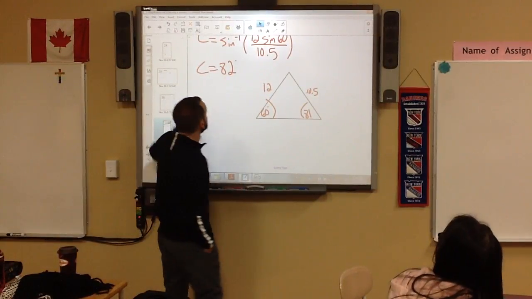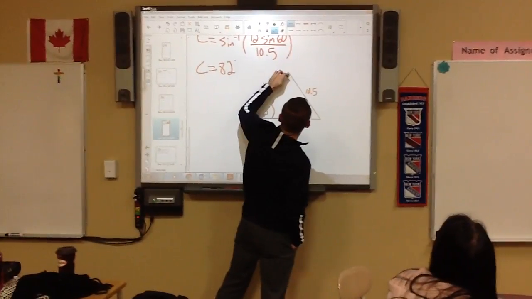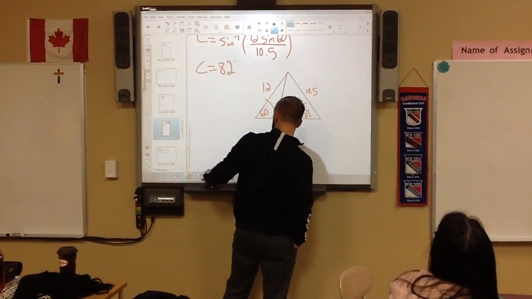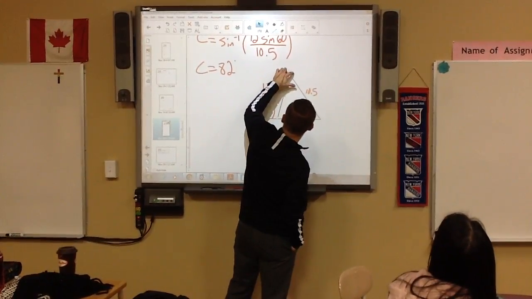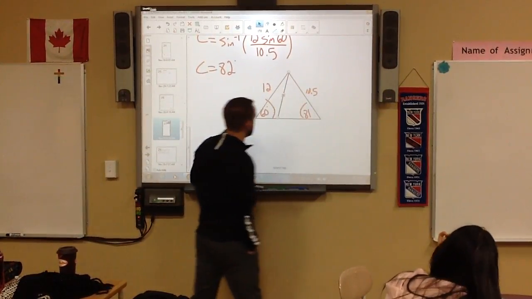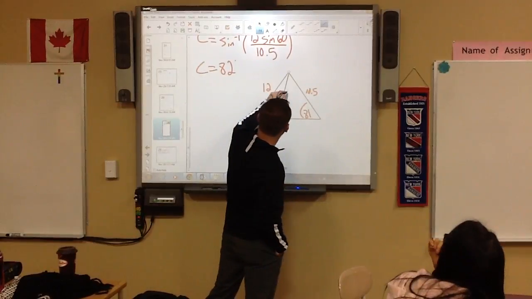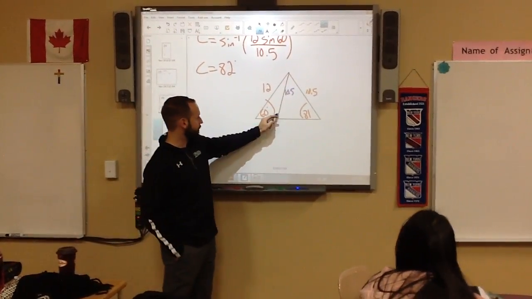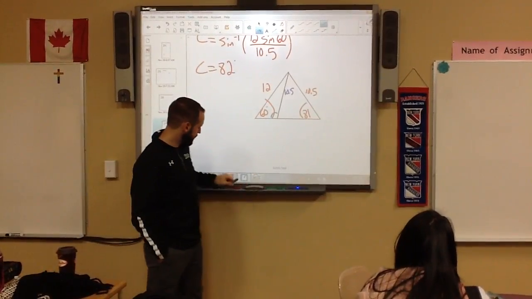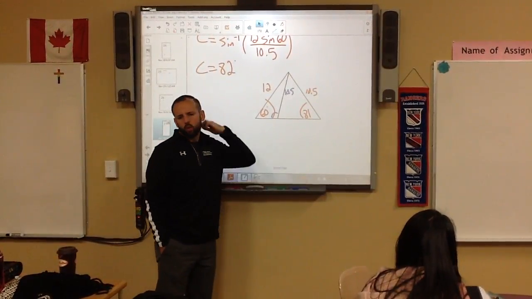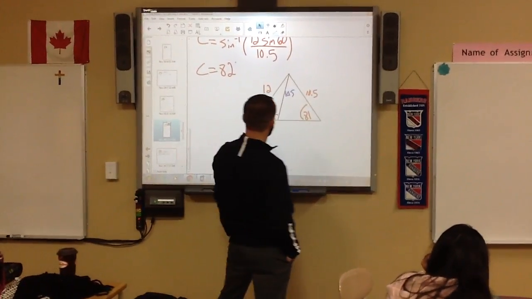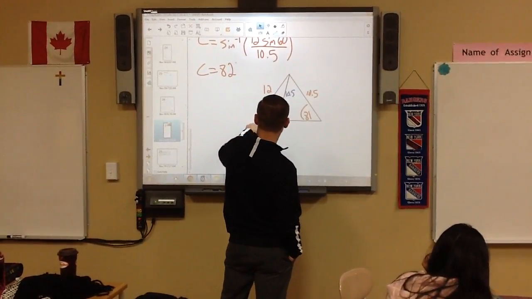Option 2 looks like this, okay? Where this is still 10.5, but I need to find out what this angle is now, right? What do we know about straight lines? This isn't actually a very good representation. I'm going to make this a little bigger.